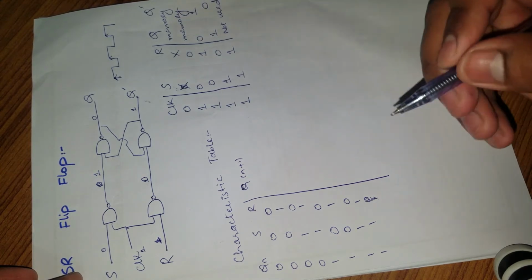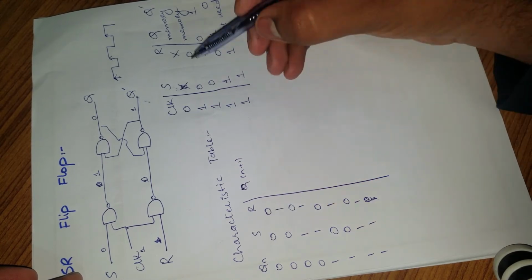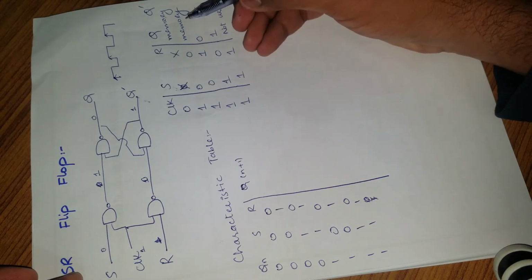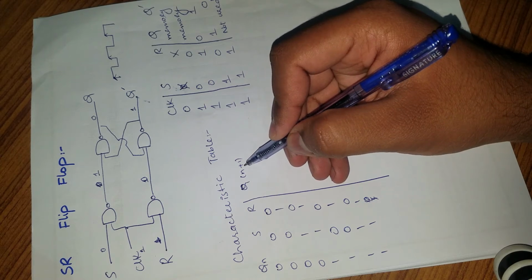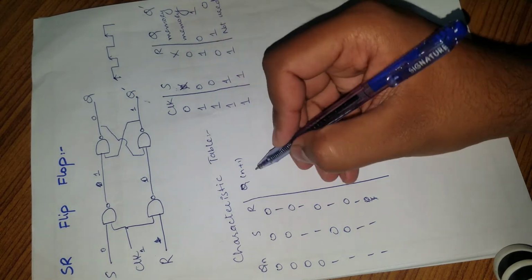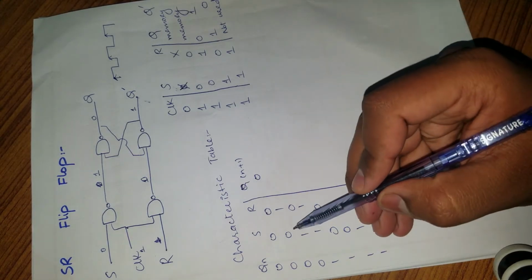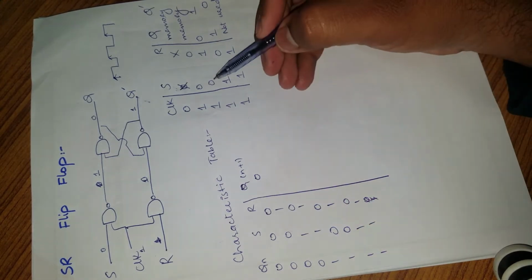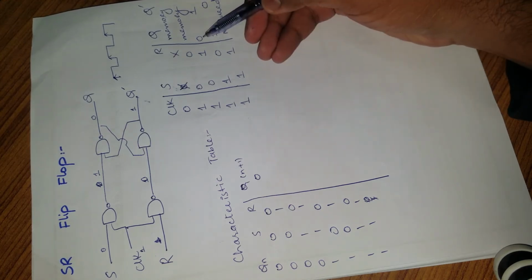So from this we come to know that when we have 0 0 in the truth table, we have memory. As we have memory, the value is Qn, because Qn is the previous state and Qn plus 1 is the next state. With S0 R0 meaning memory, the next state is also memory, that is Q. When we have 0 and 1 at the input, the next state is always 0.